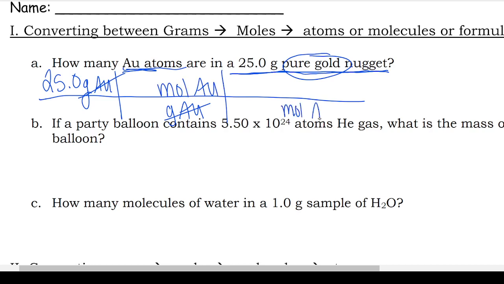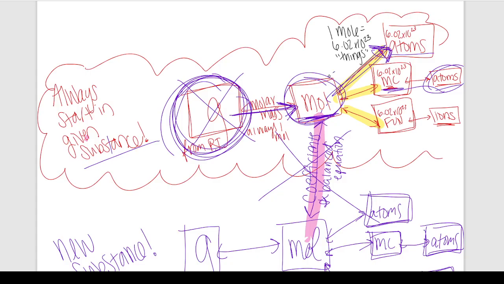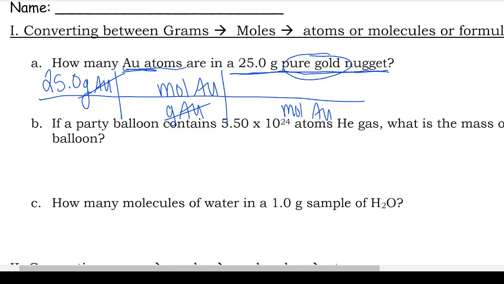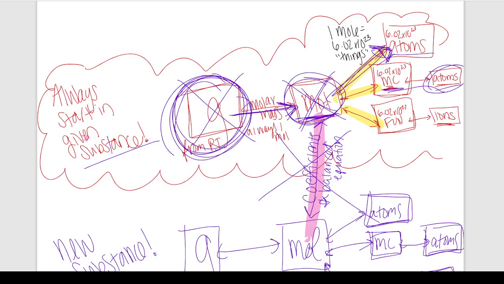So I'd put moles of Au at the bottom. That cancels out, and then once I'm done with moles, I go into atoms. So atoms Au. The moles cancels.